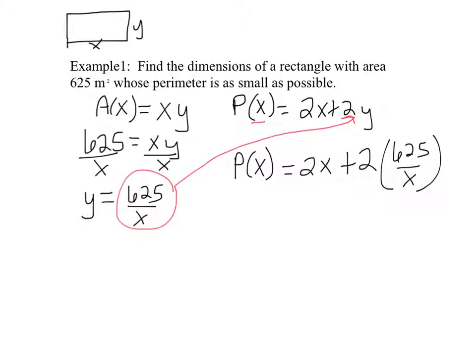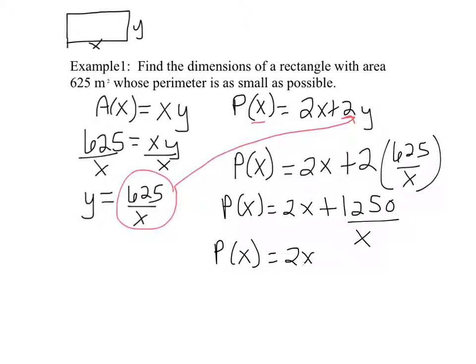I want to simplify this a little further since we can, and I'll get 2x plus 1250 over x. And since we're going to be taking the derivative of this, I want to simplify it even further. I would prefer not to use the quotient rule, so I'm going to move that x up to the numerator by giving it a negative exponent.